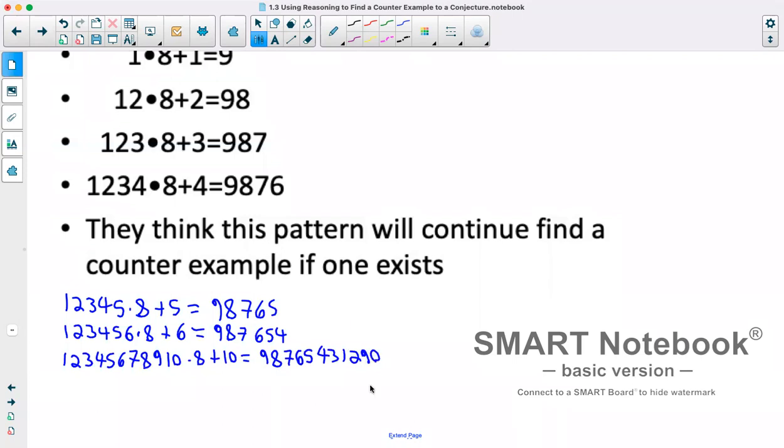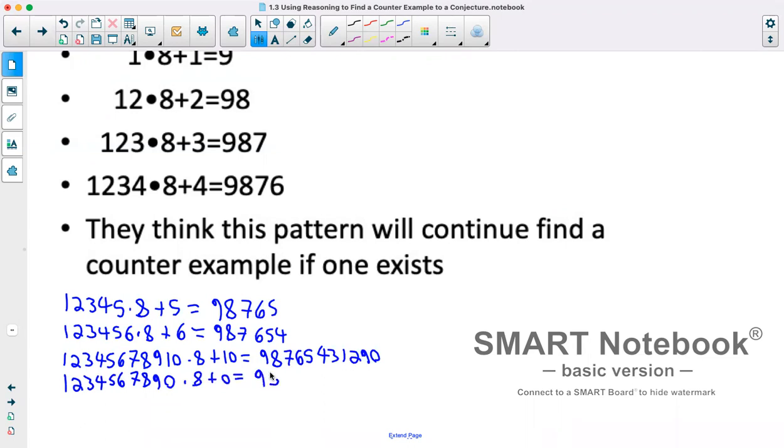So that doesn't follow the pattern, but just to be safe, to see if maybe the pattern loops back to, say, a 0 here instead of a 10, we'll try that. So we've got 1, 2, 3, 4, 5, 6, 7, 8, 9, 0 times 8 plus 0.